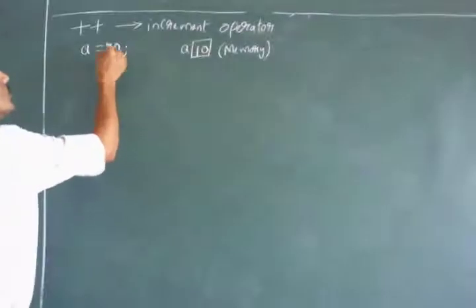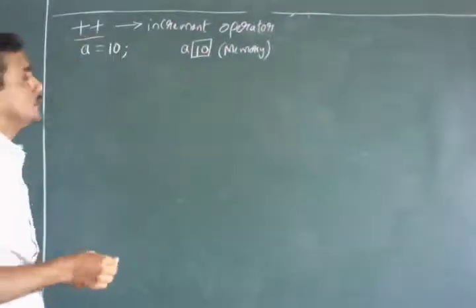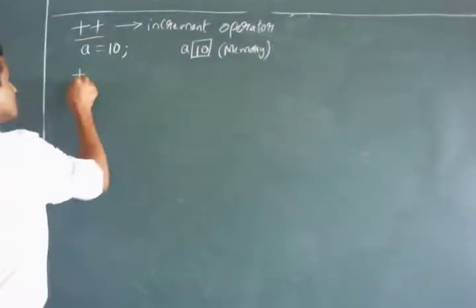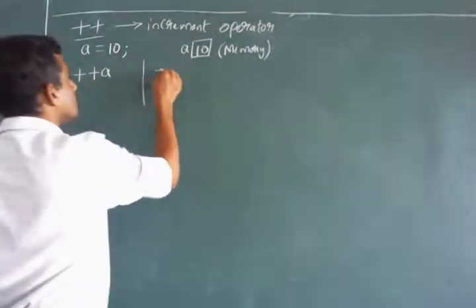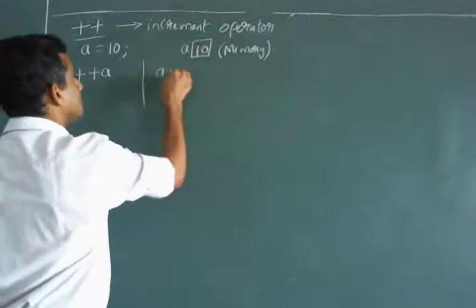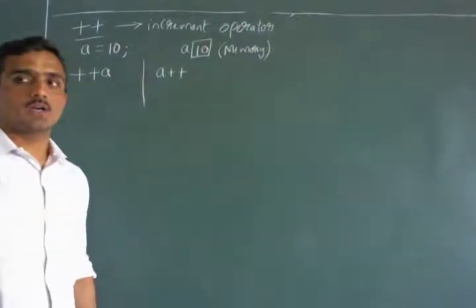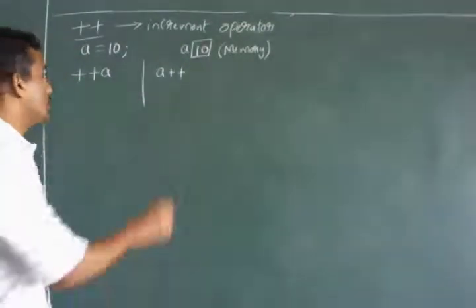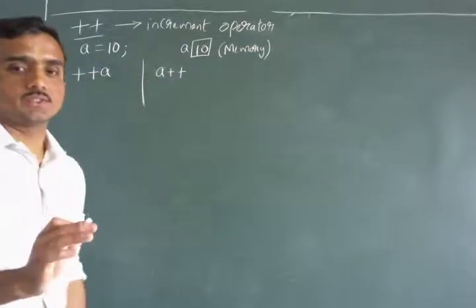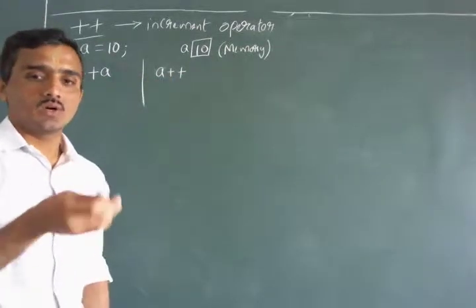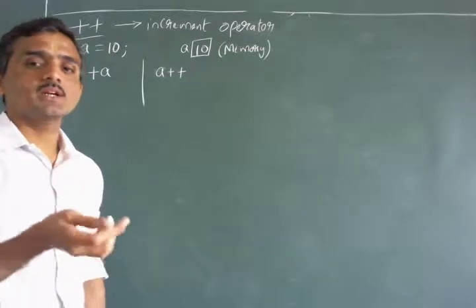How to use the plus plus operator is, you can write it before the variable or after the variable. If you're using only one variable and one set of operator, there is no difference. If you're using more than one variable and more than one type of operator, then there is a difference.